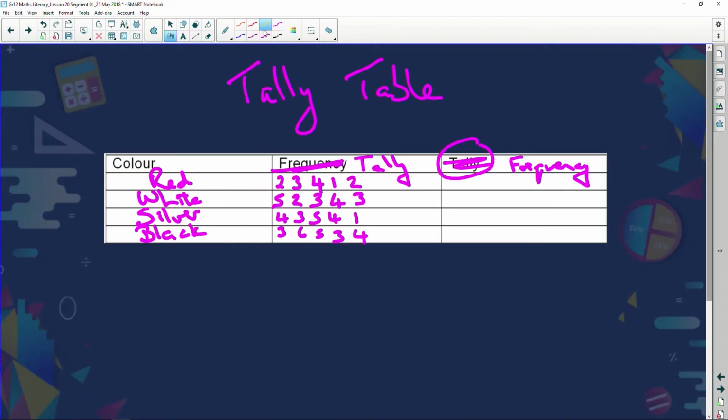The frequency is the number that we have. So folks, we're just going to add these up now. That's all we're going to do. 2 plus 3 is 5, plus 4 is 9, 10, 11, 12.